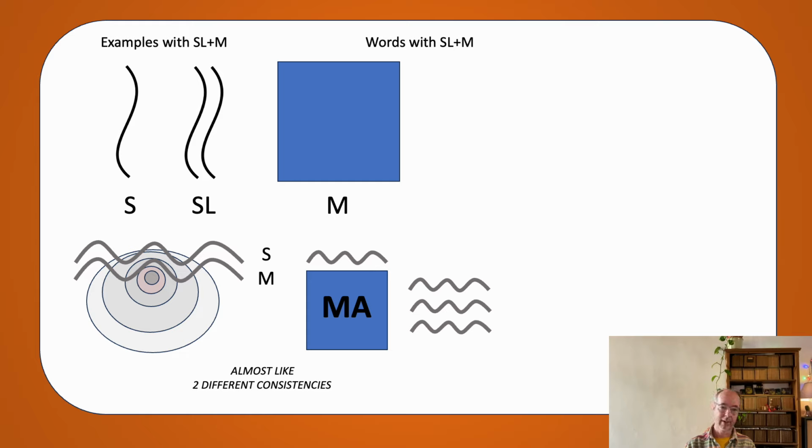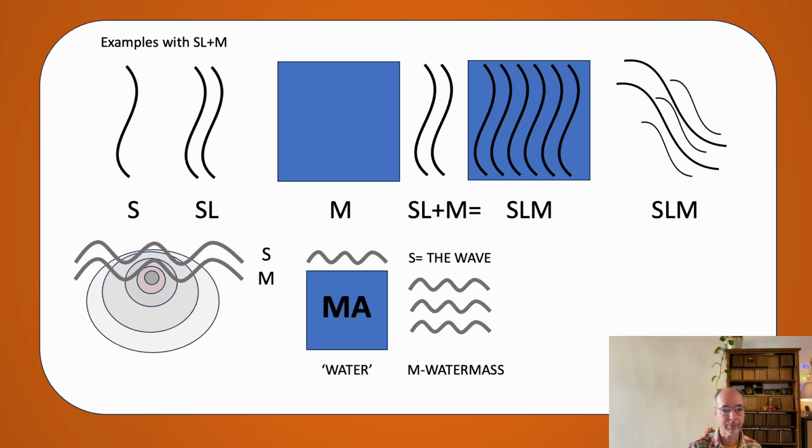That's ma, and that is what matter is, and what the maximized form is. But it's like we are dealing here with two completely different consistencies or opposites. And so words with these two opposites will be a bit difficult to analyze, but I will try that.